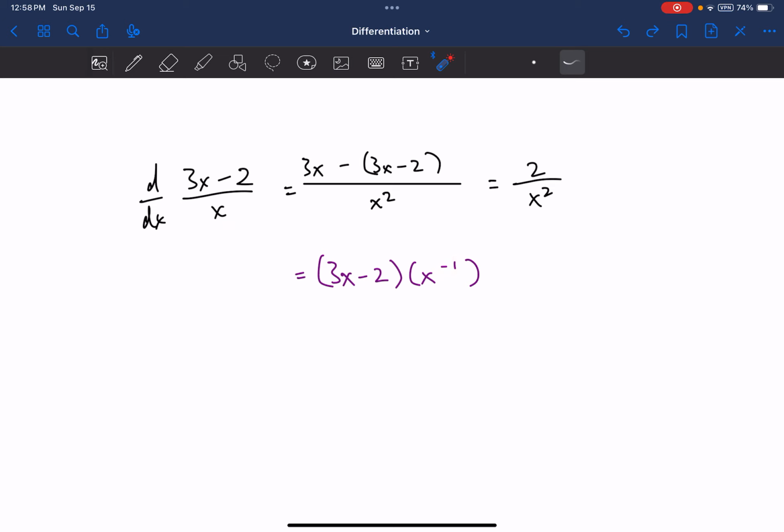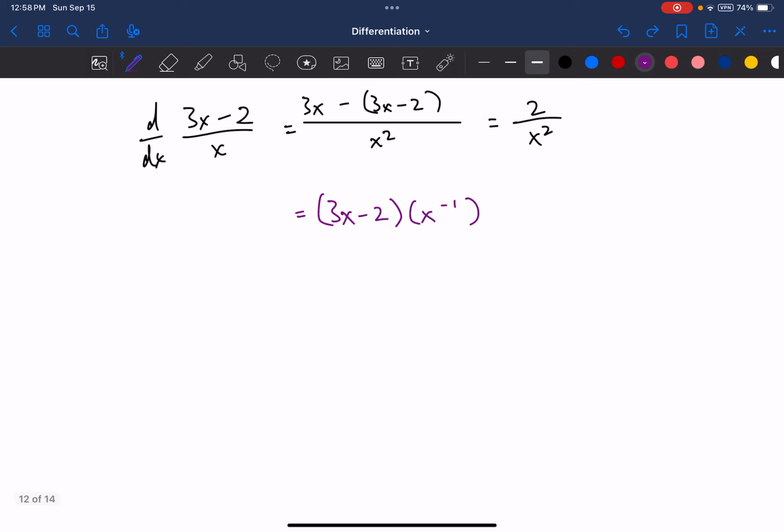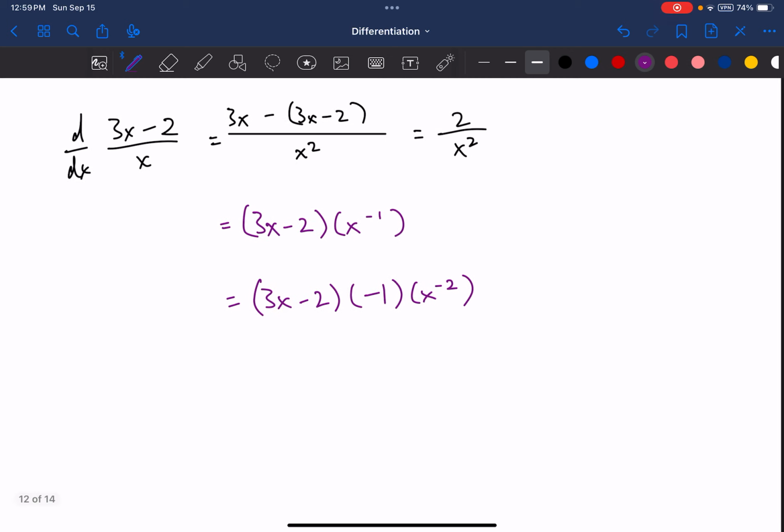So technically using this, you can just do the same steps but use product rule instead. So you could take this and then differentiate the left part, and with this we get -1, and then x to the minus the index -1.